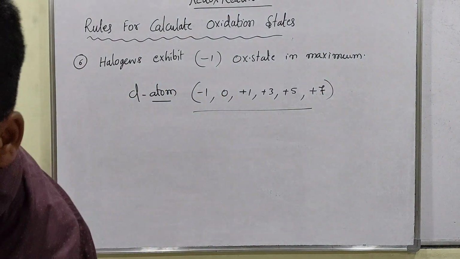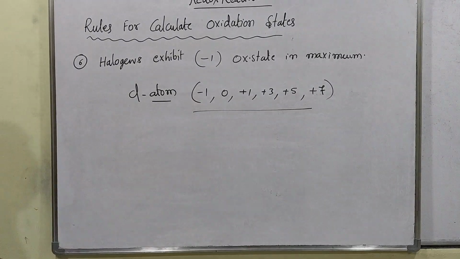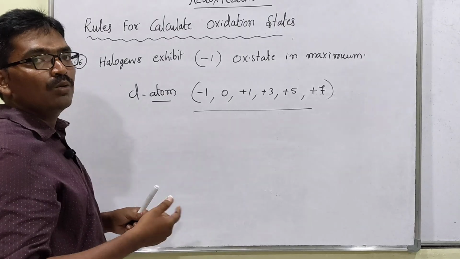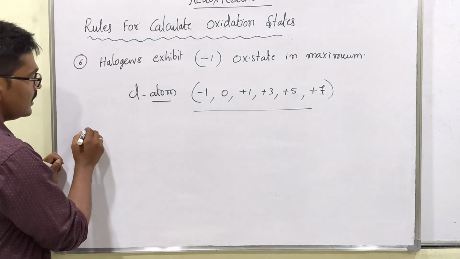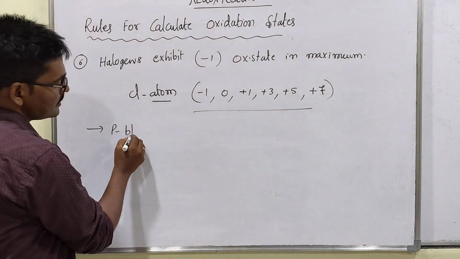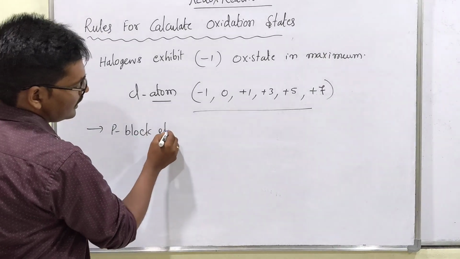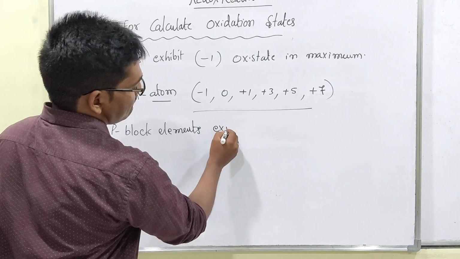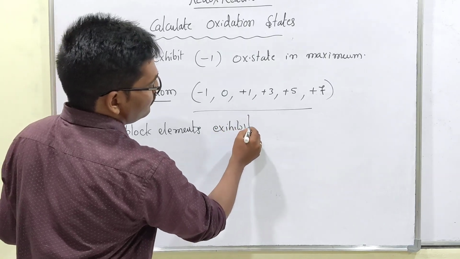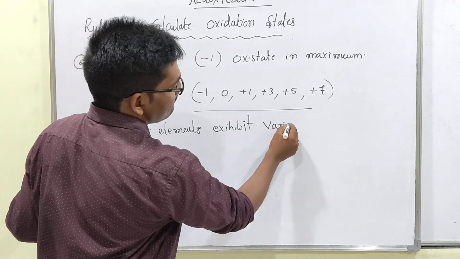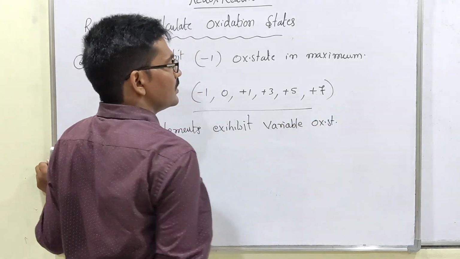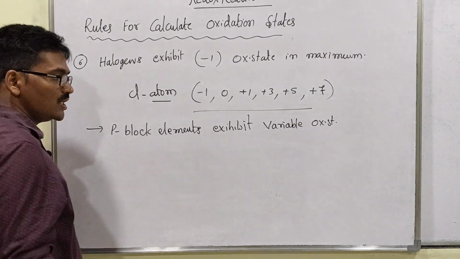So you have to remember, my dear students, when p block elements exhibit different oxidation states, we call it variable oxidation state. Remember that p block elements exhibit variable oxidation states. What are those variable oxidation states?